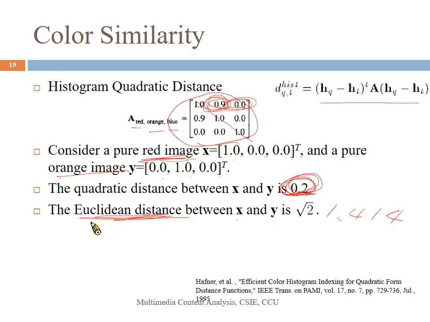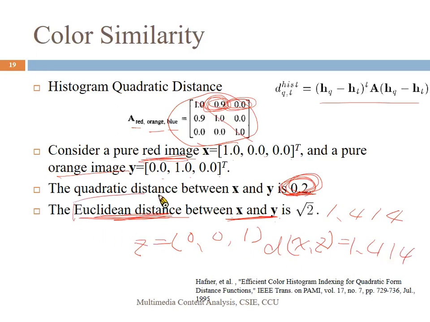But if we measure by Euclidean distance between x and y, and there is another image called z, a pure blue image, 001, then the distance between x and z is also 1.414 if we calculate based on Euclidean distance.